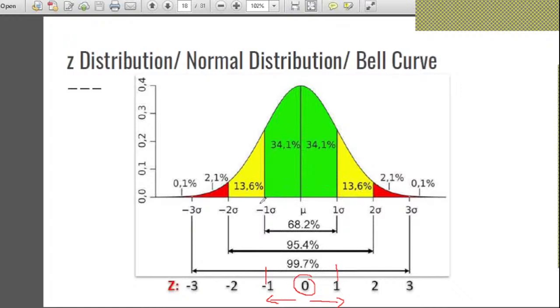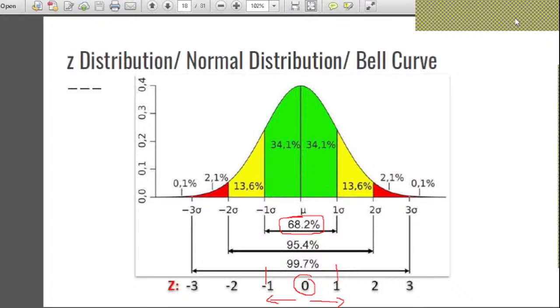So in a normal distribution, mu plus minus 1 standard deviation would hold 68.2% of the values. Remember that? And that turns out to be plus minus 1 z in the standard normal distribution.